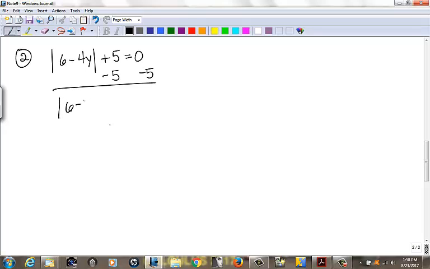The absolute value of 6 minus 4y equals negative 5. Tell me, is that ever going to happen? Is the absolute value by itself ever going to be negative? No. Empty set, that's the symbol for the empty set in math. Or you can say no solution.